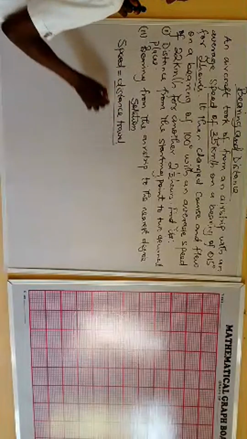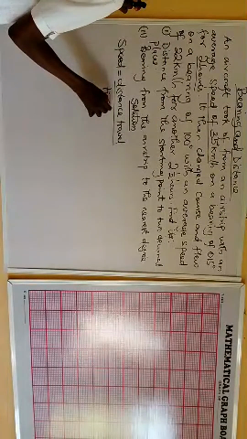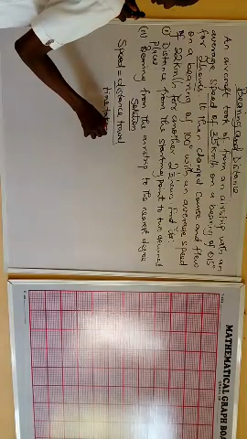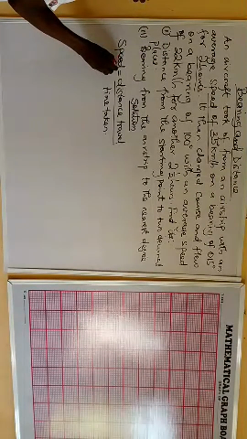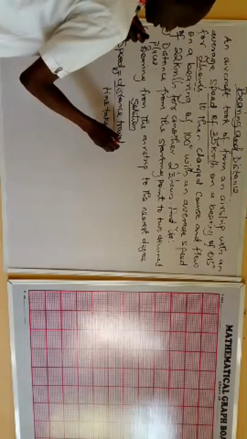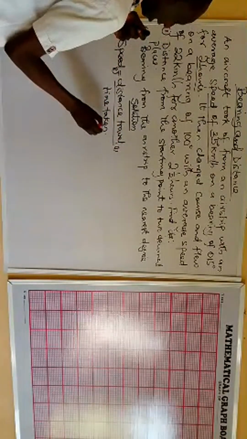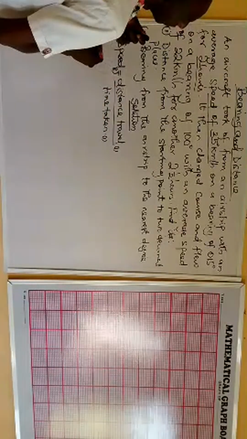Speed is equal to distance traveled over time taken. So I will call here speed 1, distance traveled 1, and time taken 1.